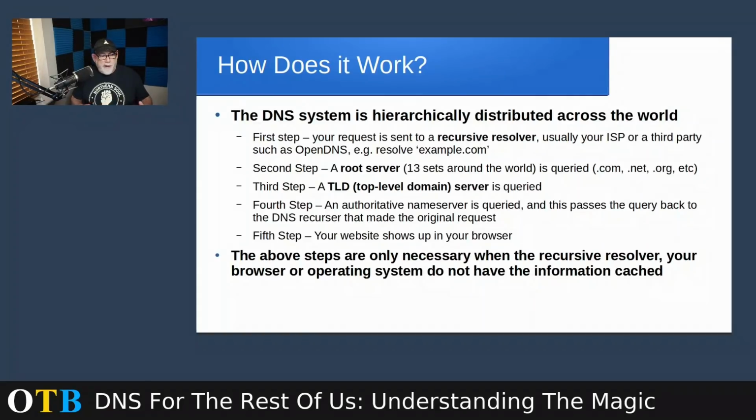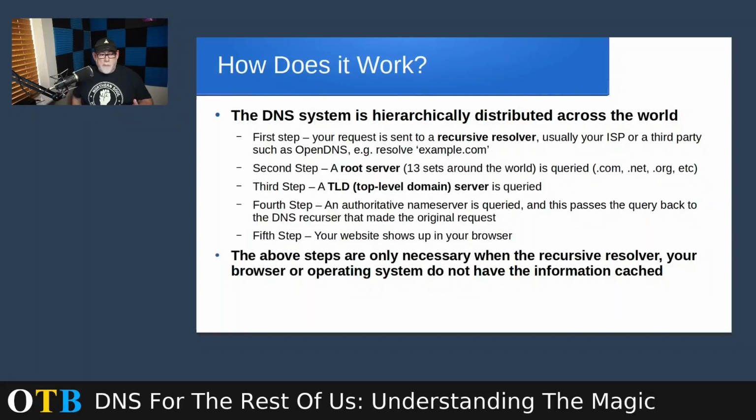Now, there are 13 sets of root servers around the world. That doesn't just mean 13 computers, but sets is the way to think about it. And these high-level servers deal with the top-level domain names, such as .com, .net, .org, etc. And the root server, in turn, will then pass on details of what's called a top-level domain server.